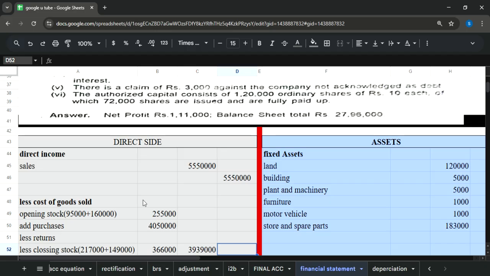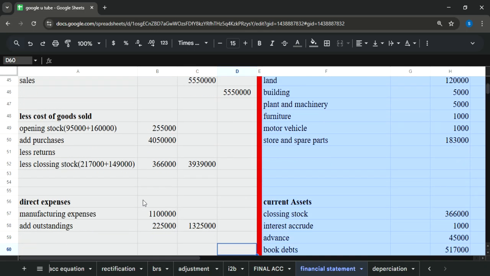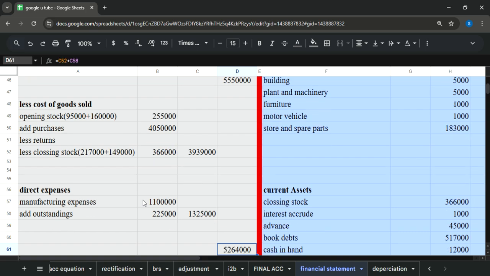5,550,000 amount of sales, 5,264,000, and 217,149,000 was closing stock. Everything is written accurately, but still the level of satisfaction is not at that point. 95,160.